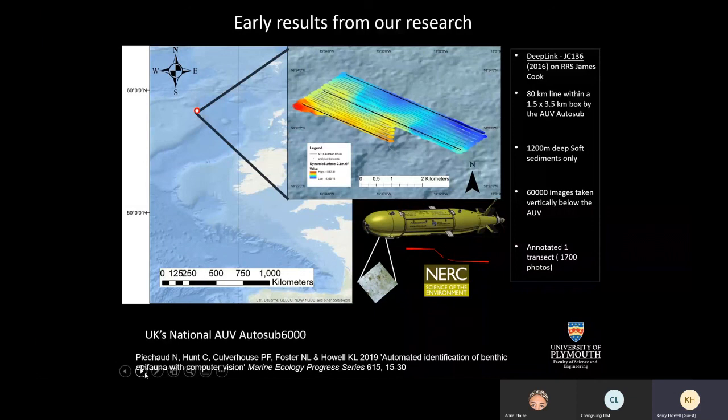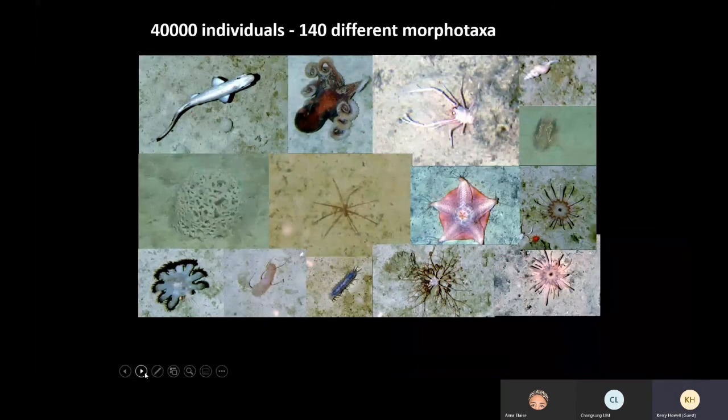This data set consisted of about 60,000 images, which were taken from a single deployment of the AUV. We annotated around 1,700 photographs from that data set. This work was done by Niels Piershaw, who was a PhD student in my lab, so I just want to attribute that to him. Within those 1,700 images, Niels identified 40,000 individuals of 140 different morphotaxa.